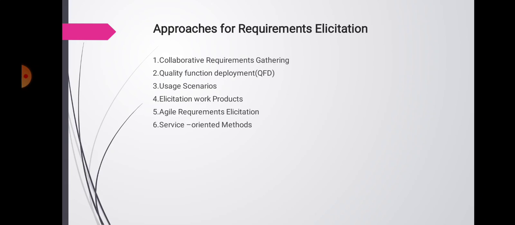Requirement elicitation in service oriented development focuses on the definition of services to be rendered by the application, and most service design methods emphasize understanding the customer, thinking creatively, and building solutions quickly. These are the approaches of requirement elicitation.